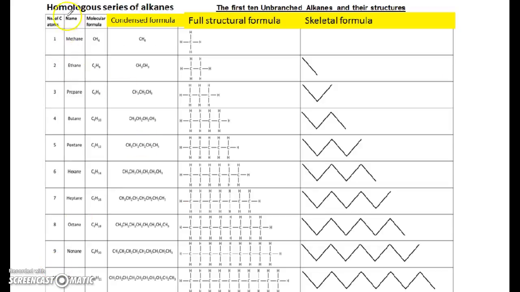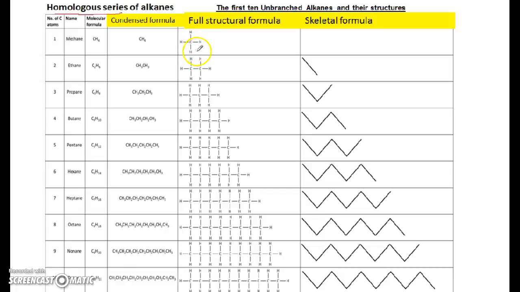Okay, the term homologous series. Now, you're familiar with the series of alkanes, so this is a series of molecules which starts with methane and increases in size by a carbon and 2 hydrogens for every member in the series.